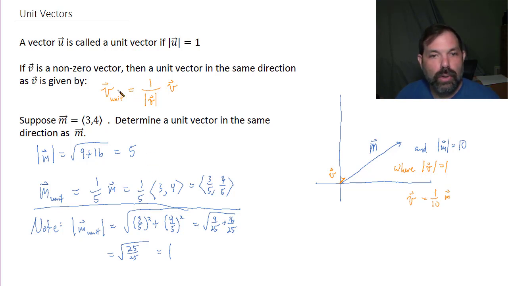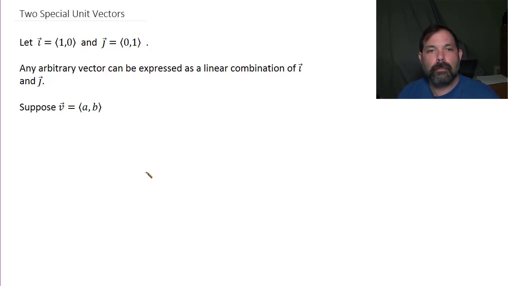All right, so to find a unit vector in the same direction as a given vector, take 1 over the magnitude of the vector and multiply it by the original vector. So there are two special unit vectors. The vectors 1, 0 and 0, 1 are special unit vectors.